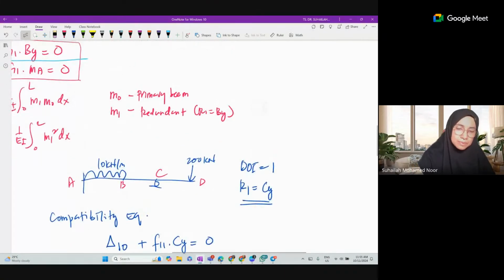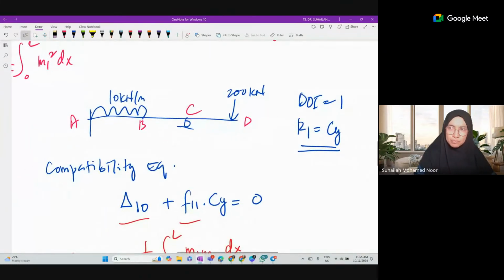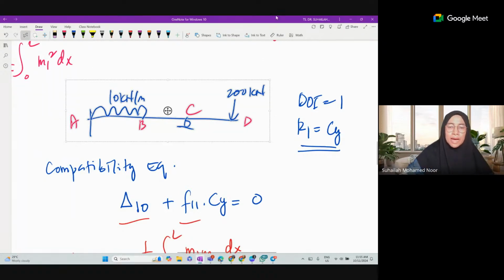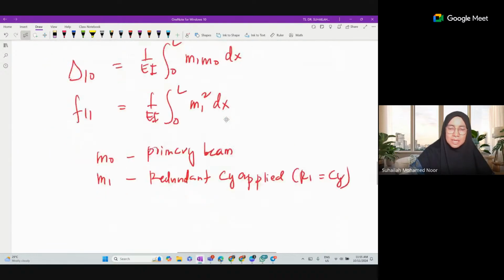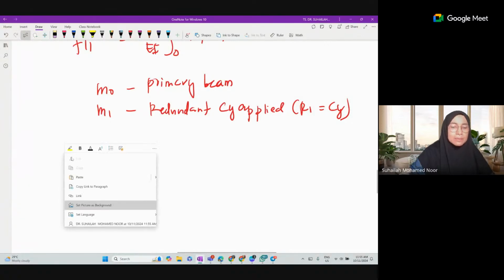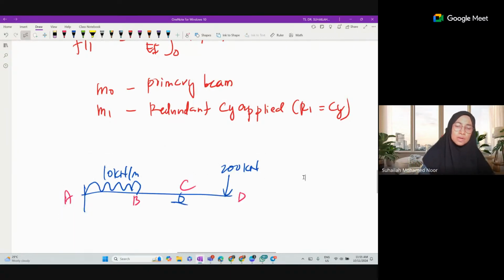Means that this is the actual beam. So when we analyze this beam later on, the first one is the primary beam. The primary beam is without roller support.